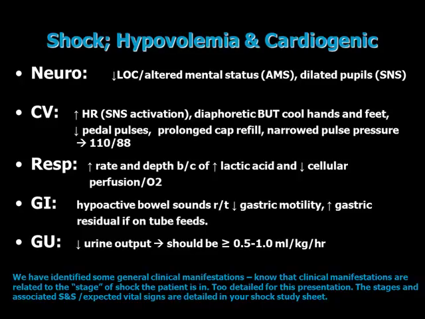Genitourinary, you're going to expect to see decreased urine output because, as soon as the cardiac output goes down, which is what will happen initially in shock states, the kidneys have less perfusion, and you know the kidneys are the first organ to whine. As soon as they have decreased perfusion, they activate the RAS and the sympathetic nervous system, but the urine output will decrease because of the decreased glomerular filtration rate.